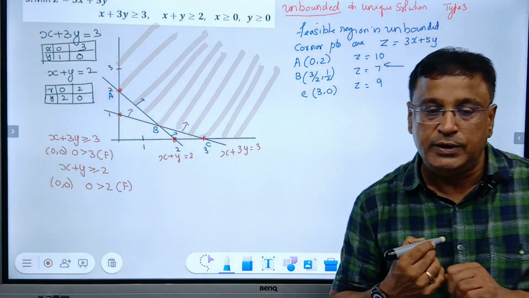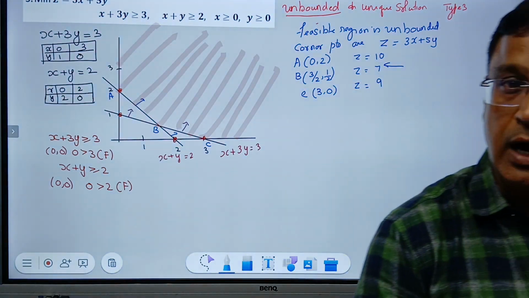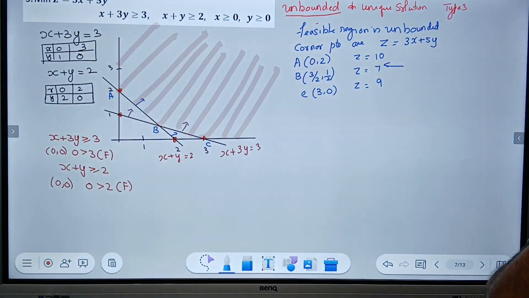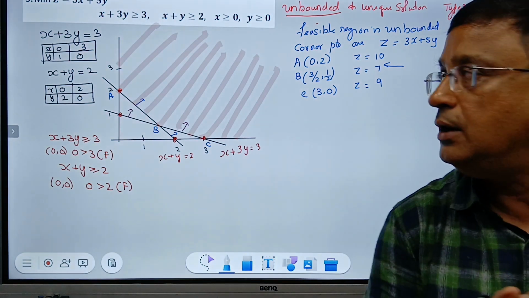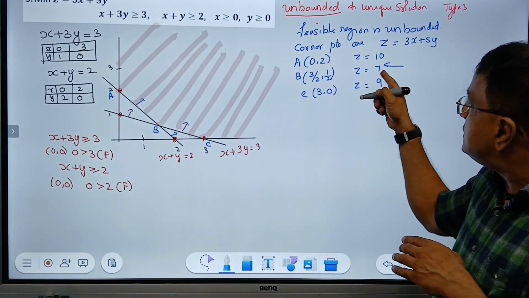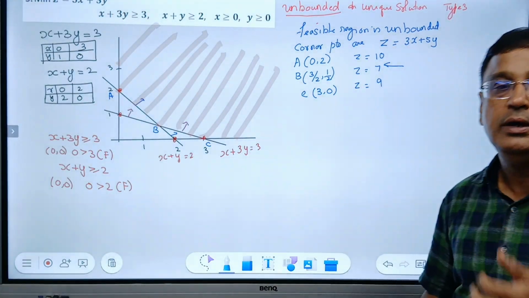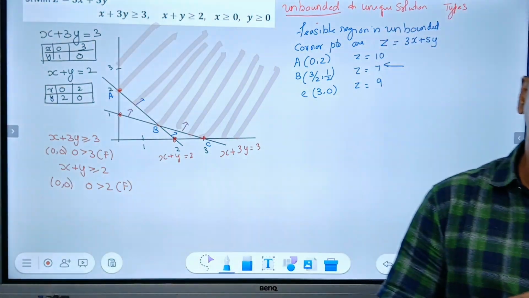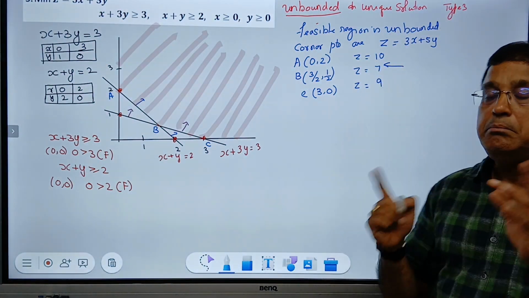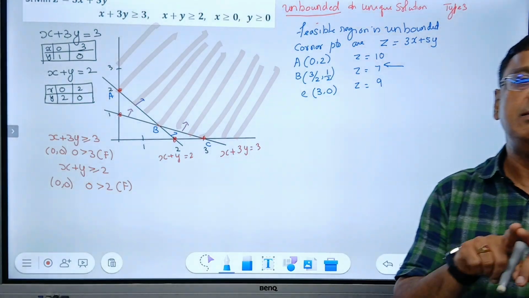When the feasible region is unbounded, this is something you should never forget. Even though you see 7 is the minimum value, it may or may not be the minimum value.